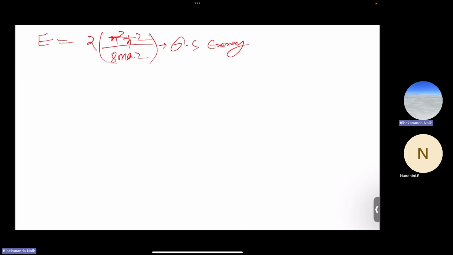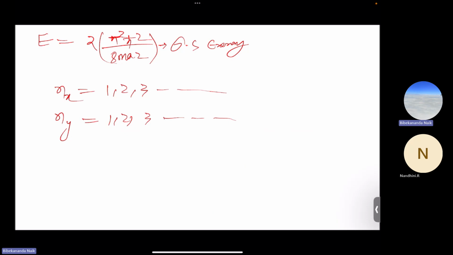So how will we find the first excited state energy? Now we know the values of nx are 1, 2, 3 and so on, and the values of ny are 1, 2, 3. So you see, the minimum possible energy is nx equal to 1 and ny equal to 1.